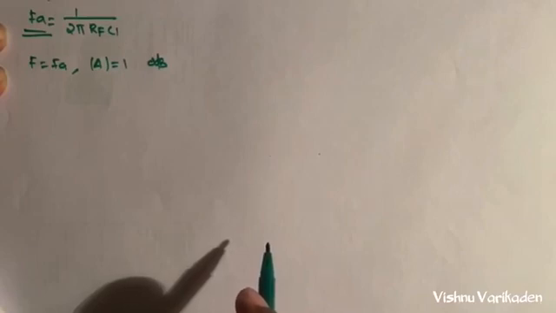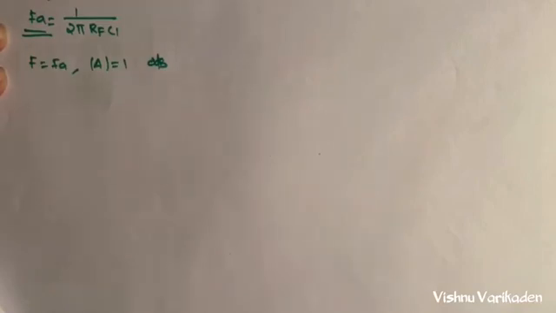There is one more problem in the basic differentiator. The input impedance 1 by omega C1 decreases with the increase in the frequency, thereby making the circuit sensitive to high frequency noise.